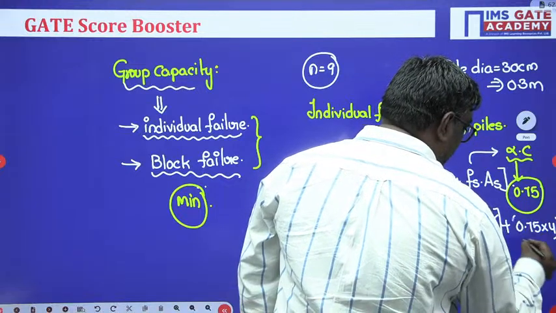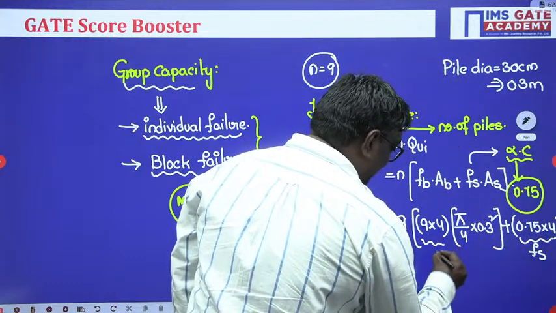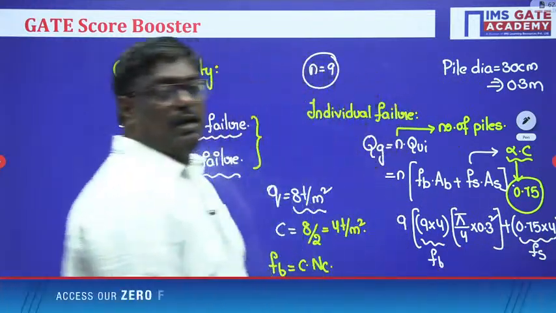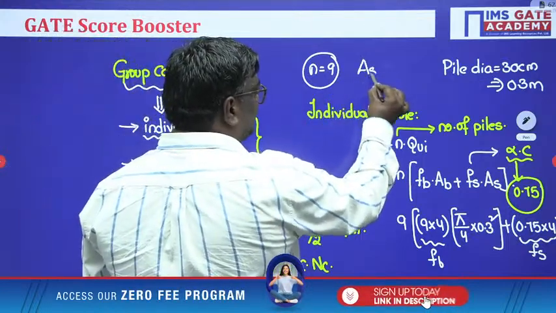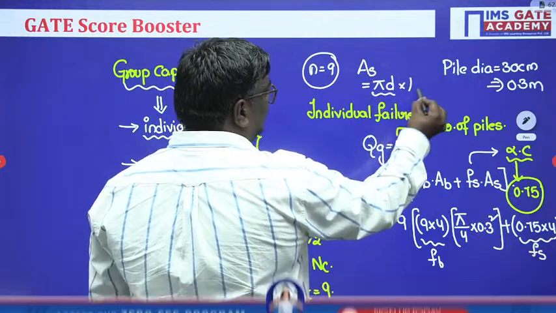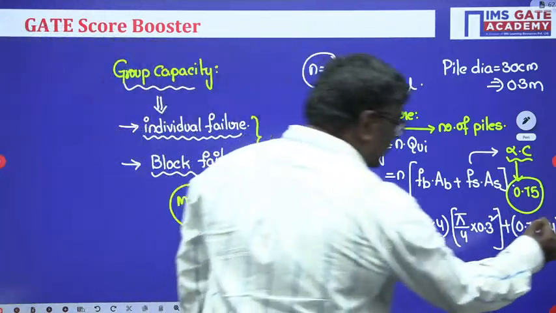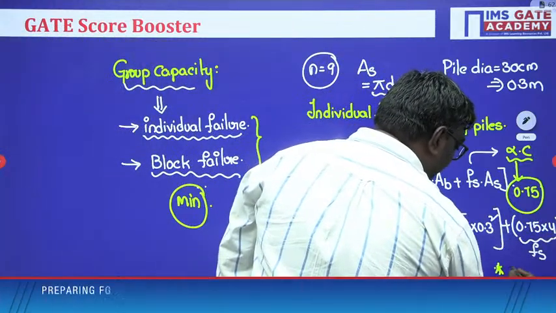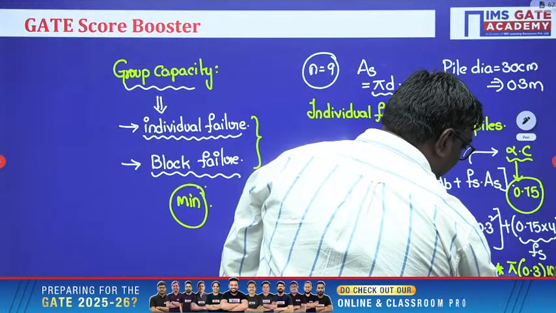This is Fs, and that was Fb. Now into the surface area. Surface area is nothing but perimeter, which is 2 pi r or pi d, into the length of the pile, which is 10 meter. So this is multiplied by pi into 0.3 into 10.